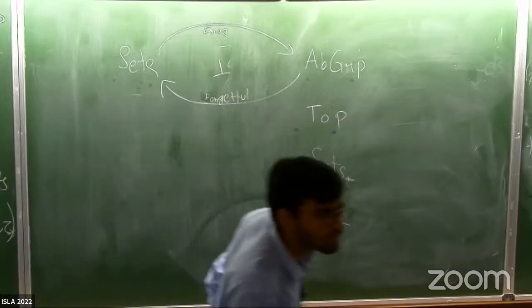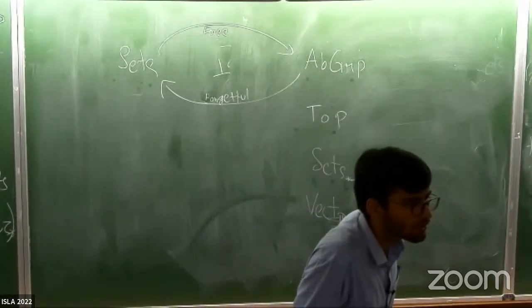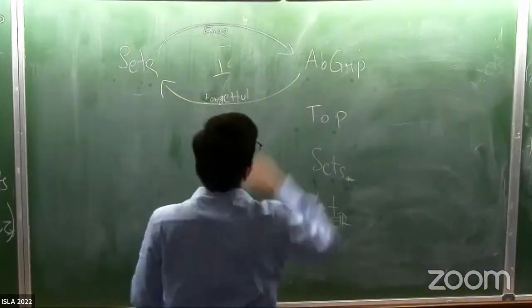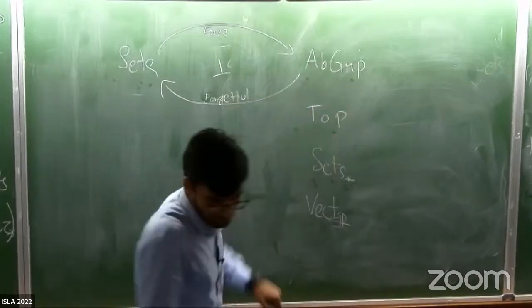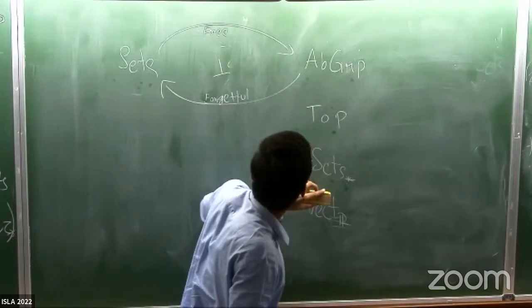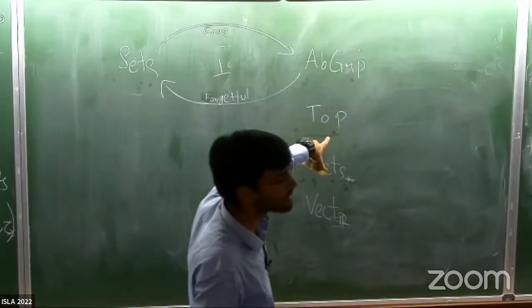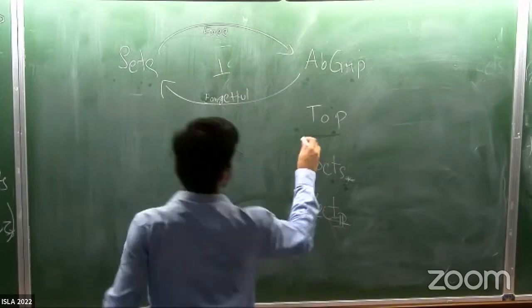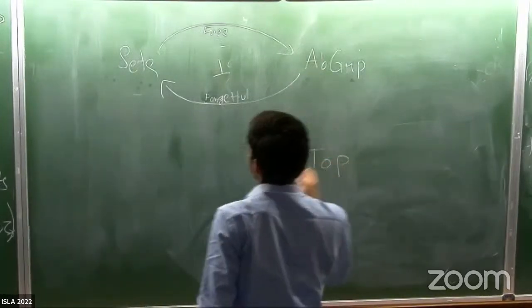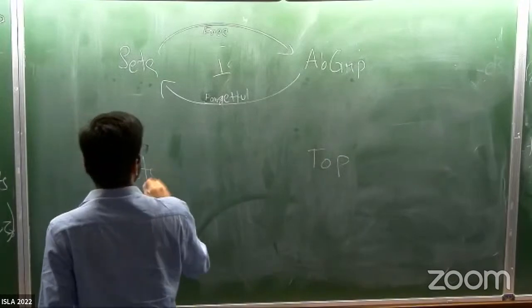Yes. I don't understand the idea of forgetful functors. Sorry. We have used the forgetful functor. Okay, let me explain. Maybe this will be a bit too technical to explain, so this is simpler. Do you understand the case in top? You have top on the right side, you have sets on the left side.